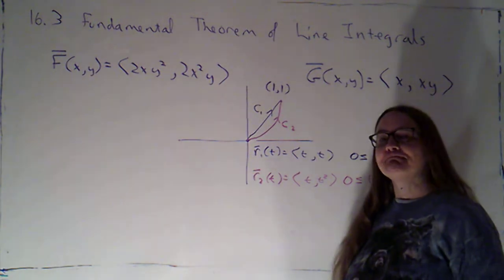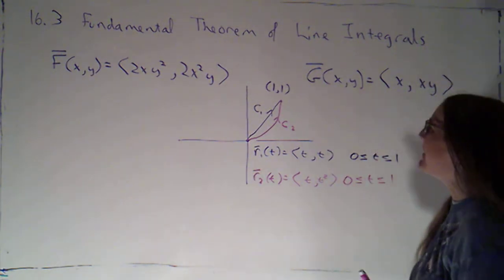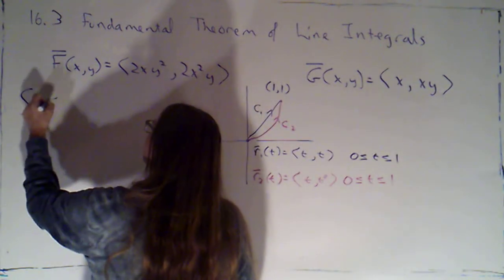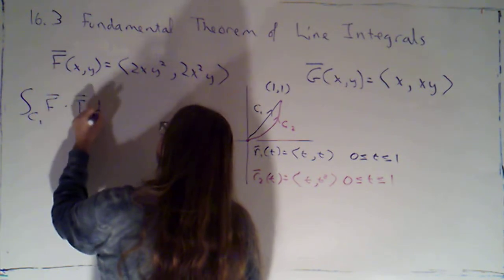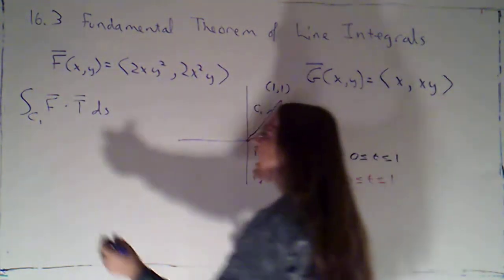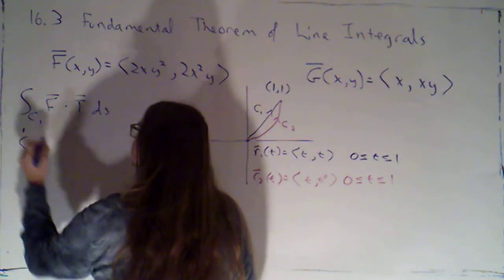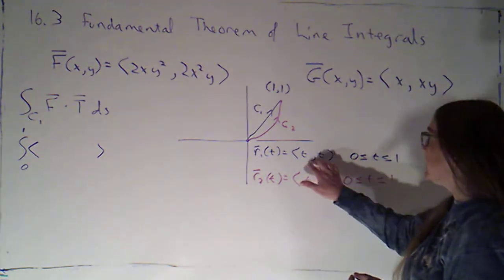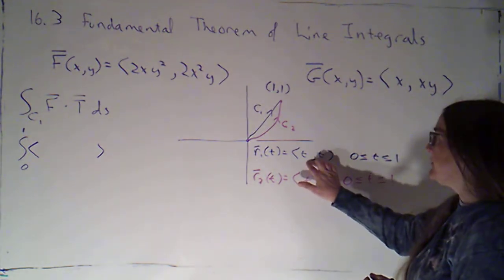Okay, welcome back. Okay, so if I wanted to do the integral along curve 1 of F dotted with T ds, I know that's going to become the integral from 0 to 1. I'm going to just write F in terms of r1 of t, which I've parameterized.